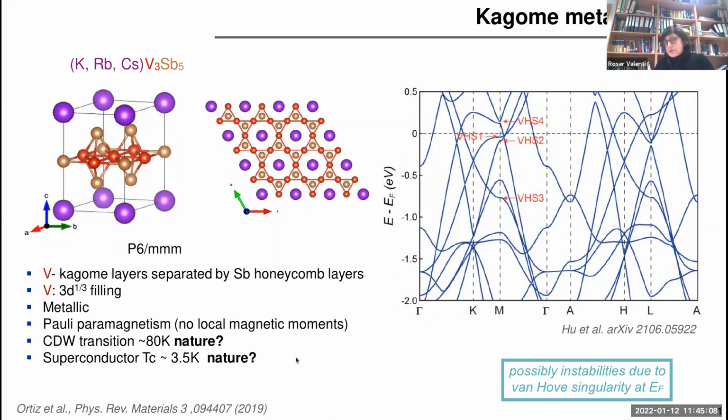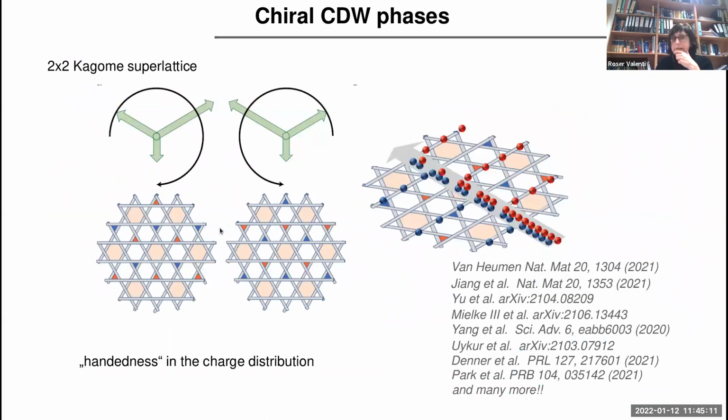Especially, what I would like to concentrate on is the charge density wave, since there have now been a few reports that these charge density waves seem to be chiral. So basically they seem to break time reversal symmetry. And here what I'm showing is an illustration of scanning tunneling microscopy by Yang and collaborators, where they observe this handedness in the electronic distribution along this charge density wave.